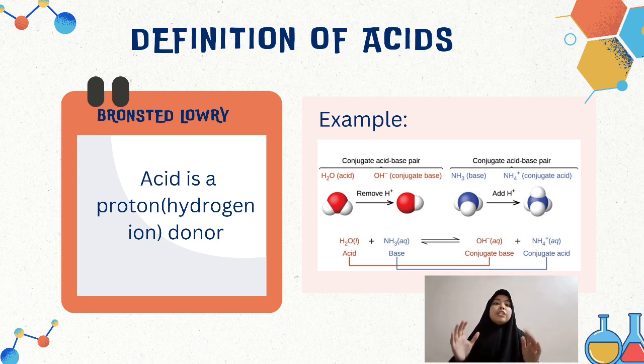Okay, H2O will lose one hydrogen ion and will become OH-, also called the conjugate base. NH3 will gain one hydrogen ion to produce NH4+, also called the conjugate acid.